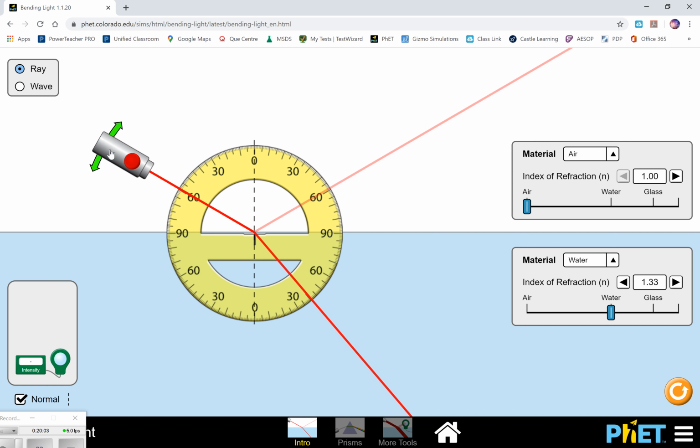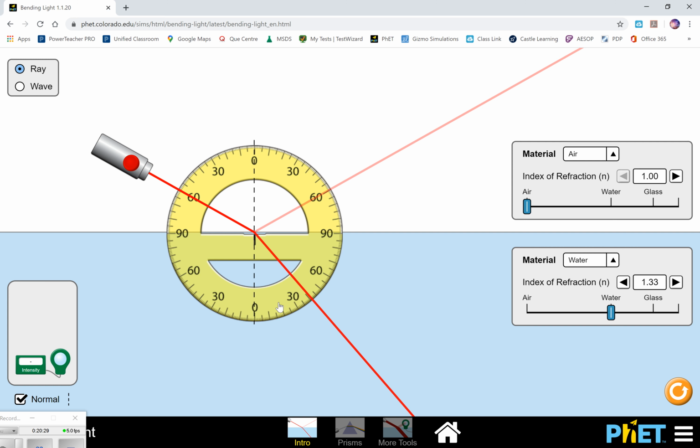And we'll put this ray at, let's say, 60 degrees. So an incident ray striking this boundary between air and water is being reflected at an angle of 60 degrees. And this is to the normal. And that's our law of reflection. A ray entering at 60 degrees is reflected at 60 degrees, or angle of incidence equals angle of reflection.